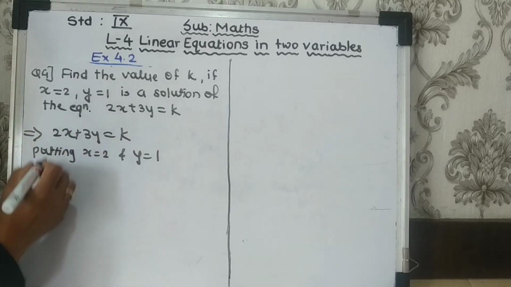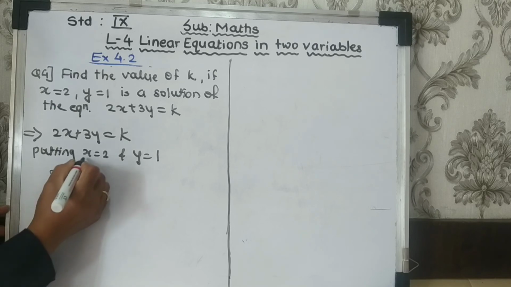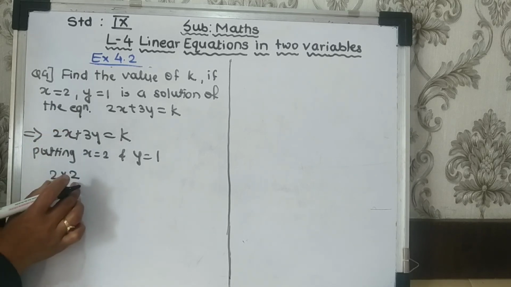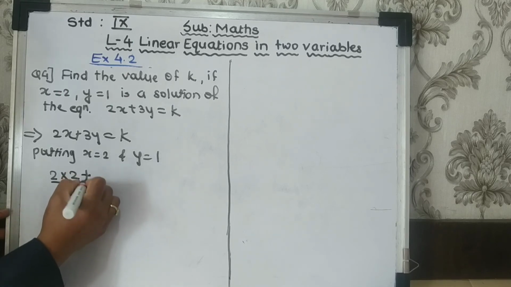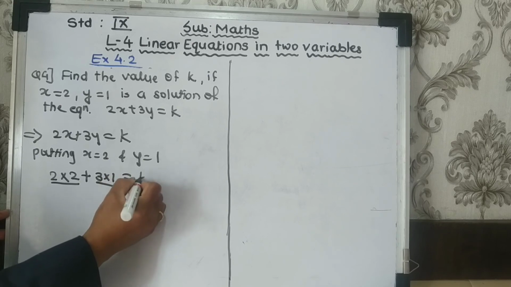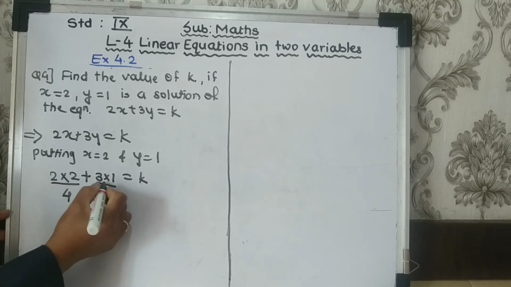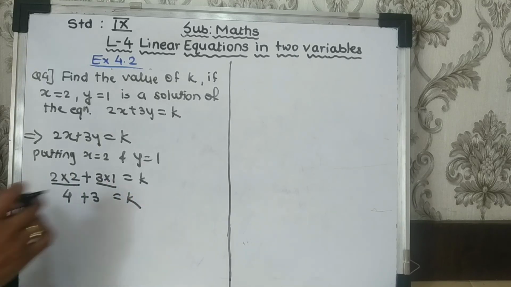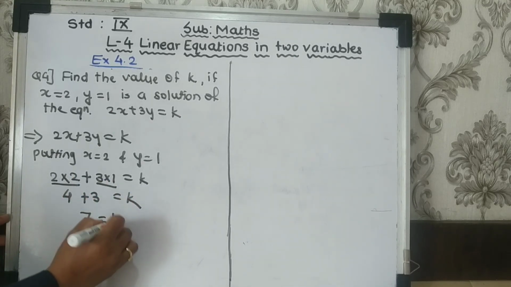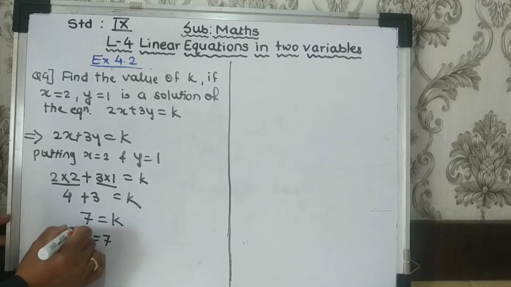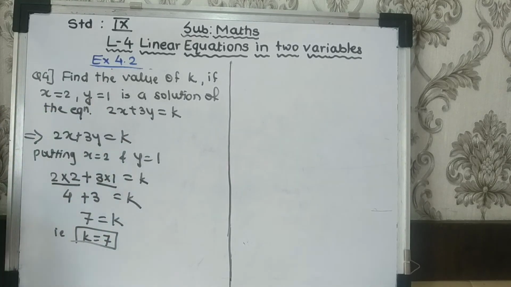Let us put over here 2 into 2 because x value is 2 and in between we have multiply sign, plus 3 into 1, equals to k. So 2 2s are 4 and 3 1s are 3, plus sign equals to k. 4 plus 3 is what? 7 equals to k. So k is equal to 7 is the value of k.